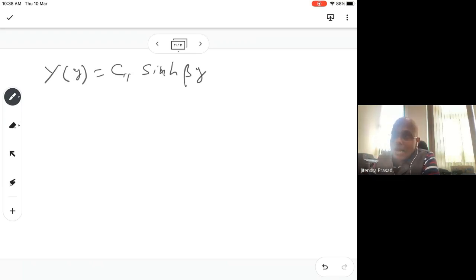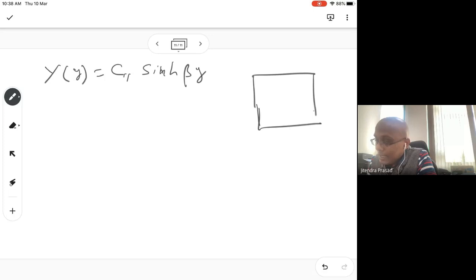Now at the other end we have T at x and y equal to b.